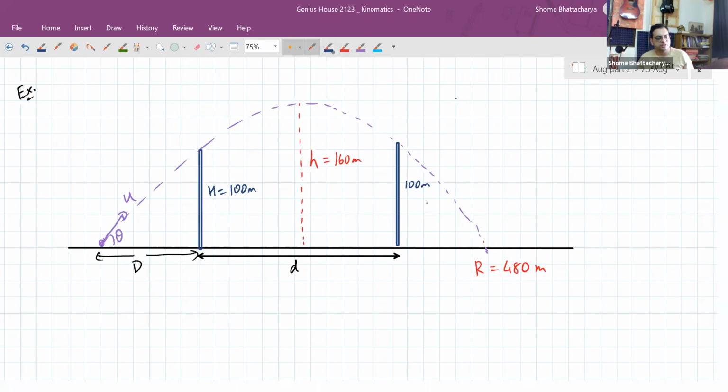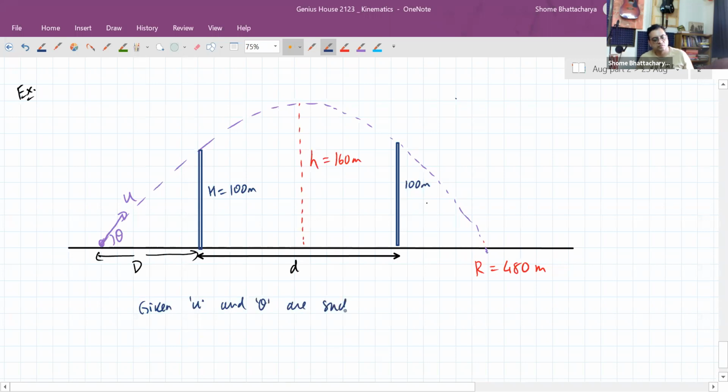So given that the projectile has this information, given u and theta are such that the range R is equal to 480 meters and the maximum height is equal to 160 meters. g is equal to 10 meters per second square.